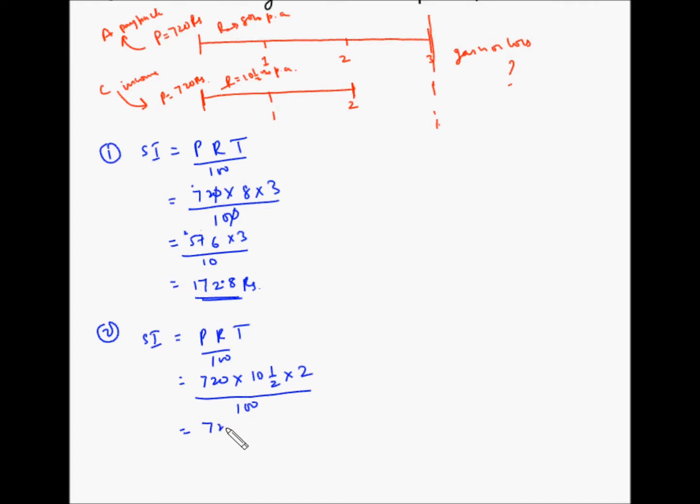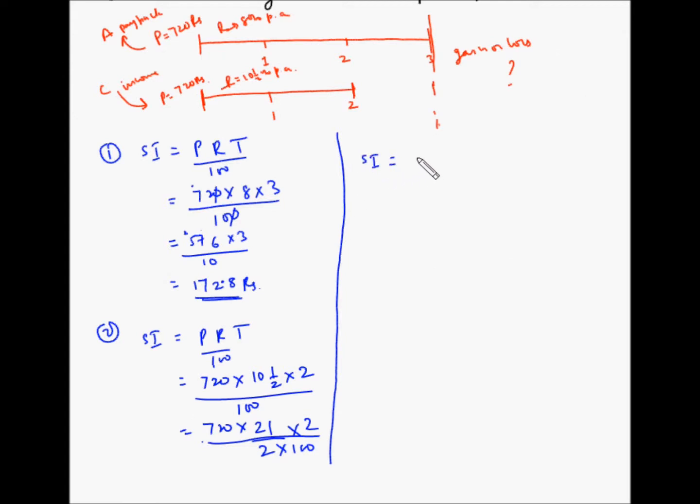So this becomes 720 multiplied by, so 10 2s are 20 plus 1 is 21, and 2 we can take at the denominator, multiplied by 2, and again this is 2 multiplied by 100. So now simple interest is equal to, so we can cancel these 2 and 2, 72 multiplied by 21.